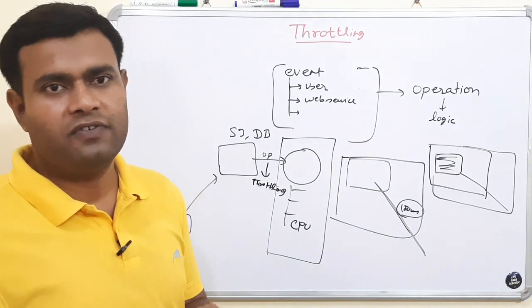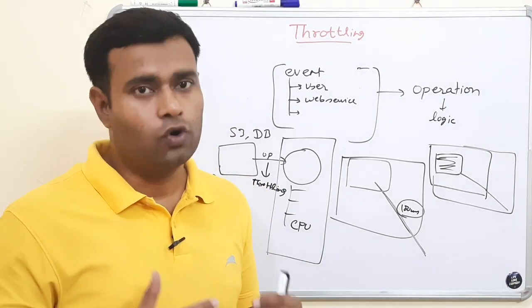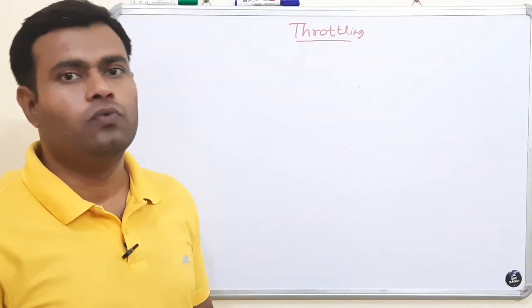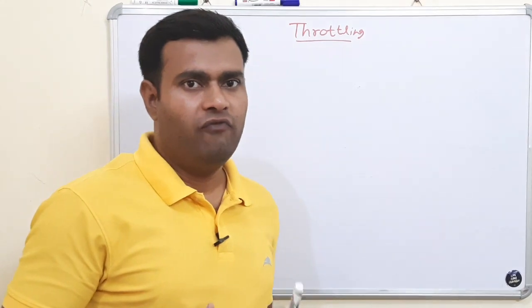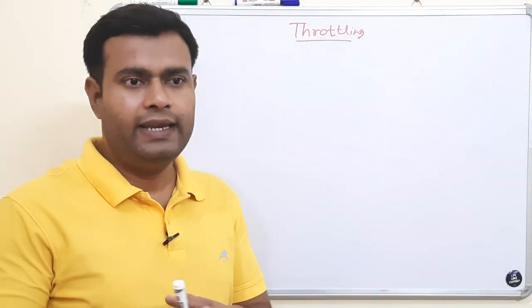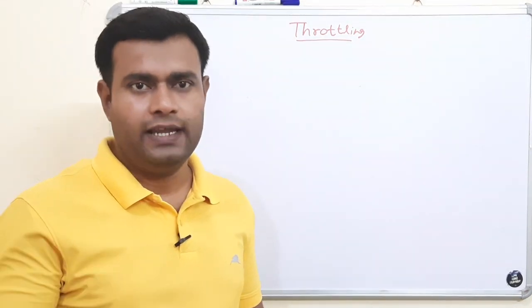But let's say in JavaScript, if I tell you to implement it, how will you implement it? Let's see the code. Before writing code, let's understand what we have to do. I have a function which will do some operation, right? Now that function will be called only after some delay, right?